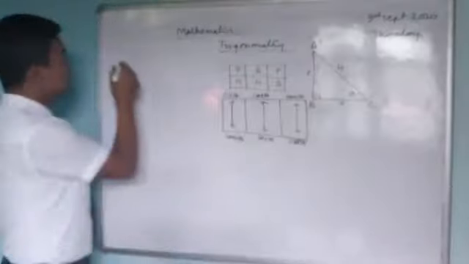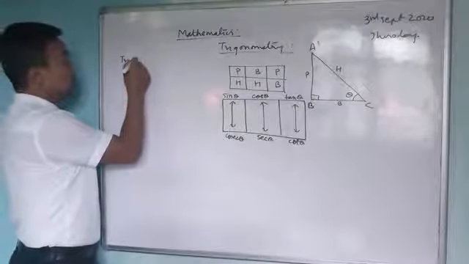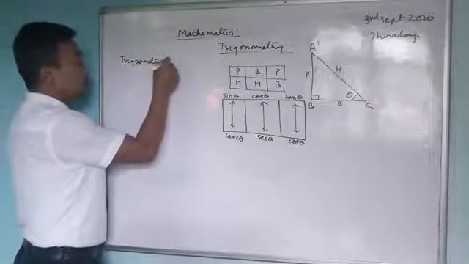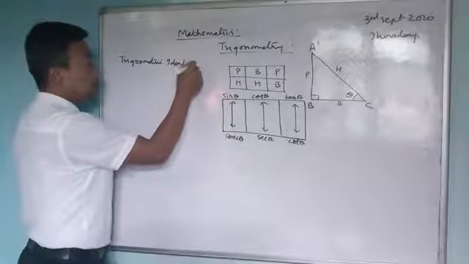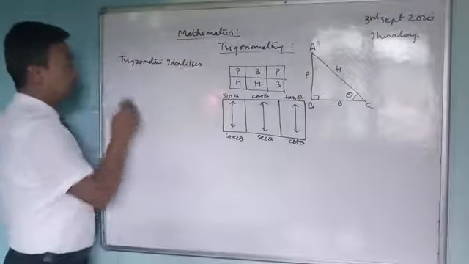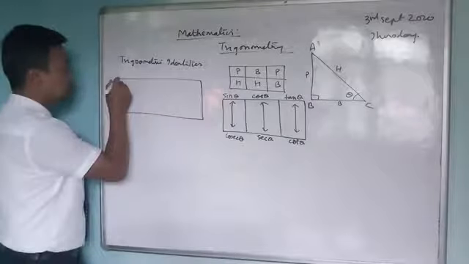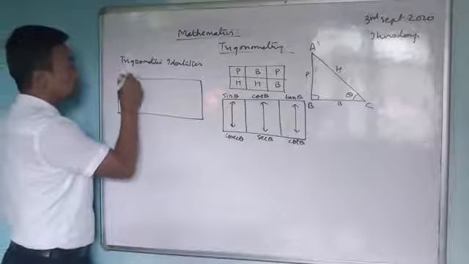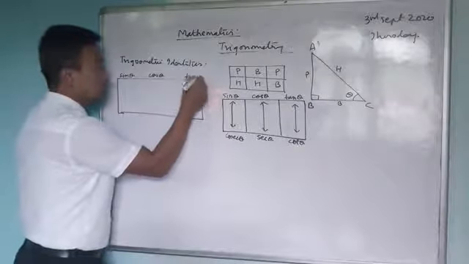Then we come to the trigonometric identities. Trigonometric identities are something we have already done yesterday. It is the square formula. So let us write this: sine theta, cos theta, tan theta.